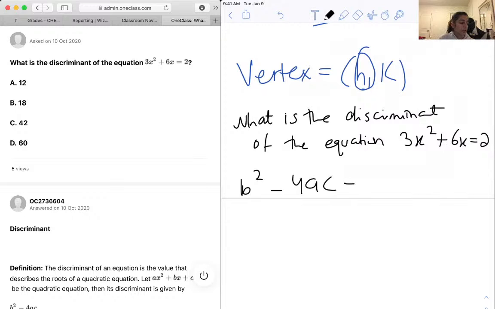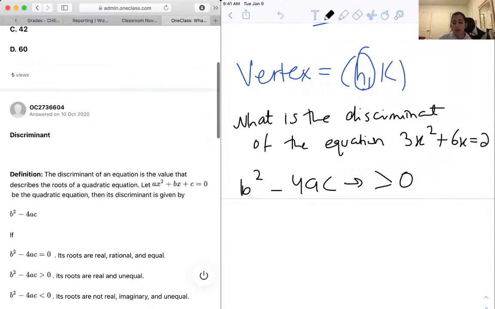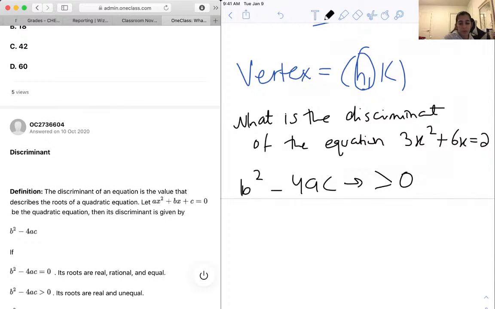Now if our value is a positive number, so above 0 or greater than 0, then there are two real roots and they're not equal.